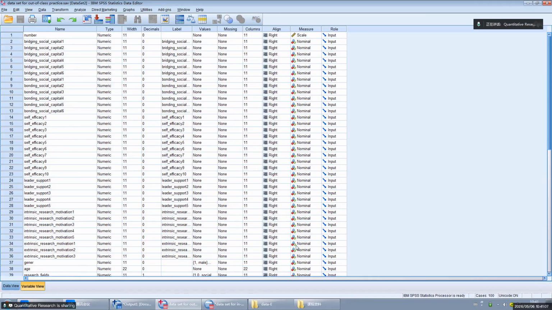Yes, that's right. Because you already computed it, it asks whether you want to change the existing variable.